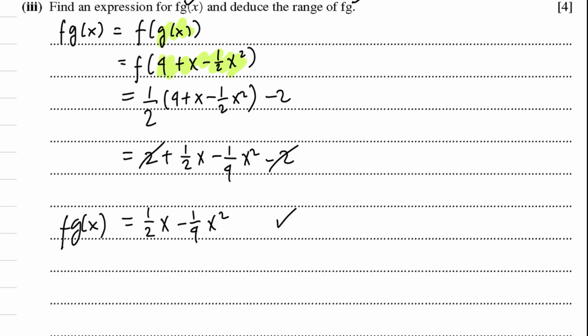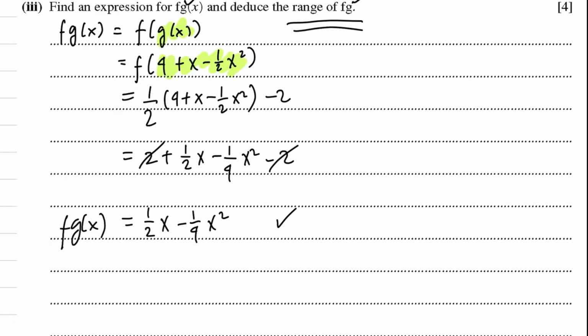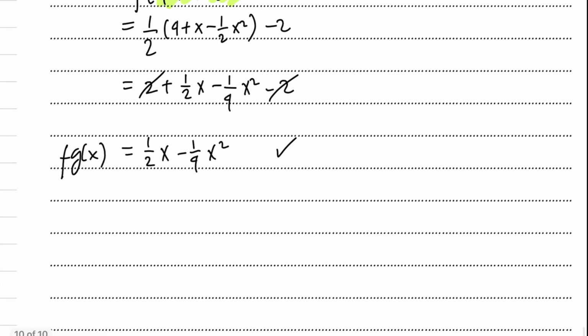The second question, you need to find the range of fg. If you look at fg, this is a quadratic function. So to find the range of a quadratic function, you need to find the vertex, or the maximum or minimum point. So how to find that? Maybe I'll put x squared first.